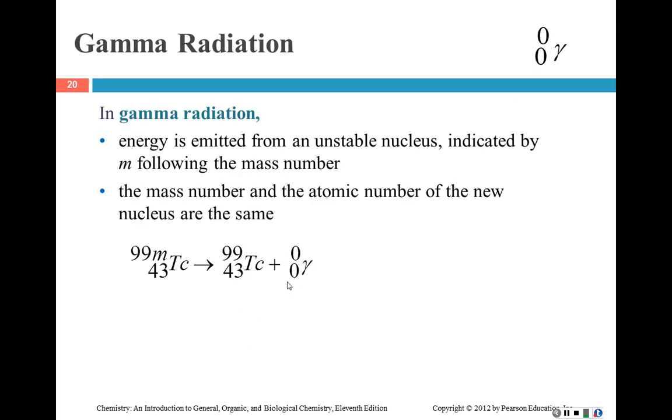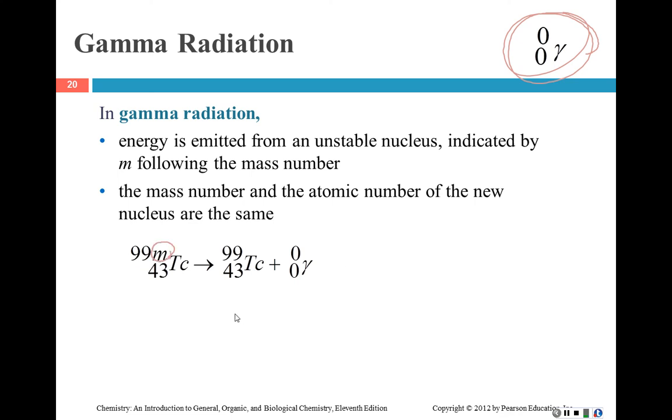In gamma radiation, notice the gamma symbol we said is 0, 0. So all it is is energy. So it's not going to affect the mass or the number. The only way we can really tell that something's different is by putting this M here.